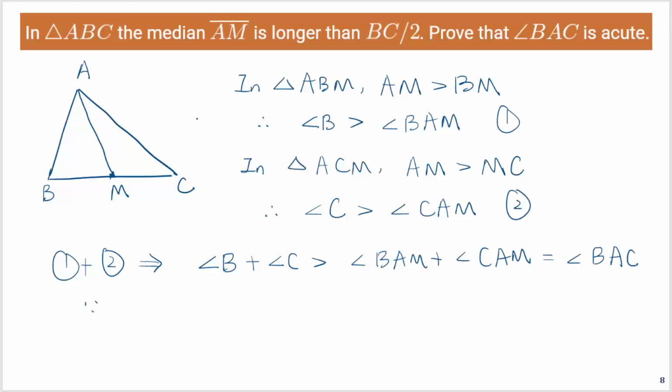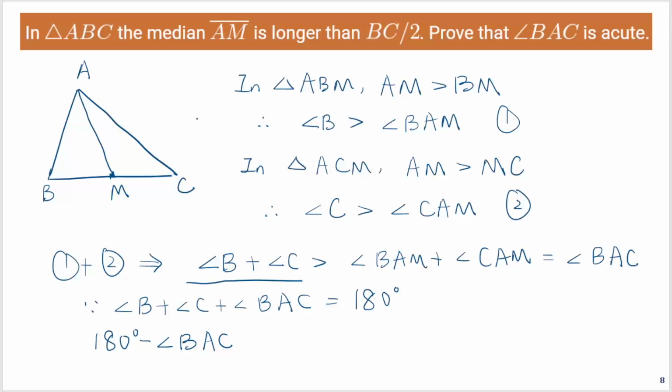And because we know angle B plus angle C plus angle BAC equals 180 degrees, then we know that 180 degrees minus angle BAC, that's angle B plus angle C, right, is larger than the right side, angle BAC.